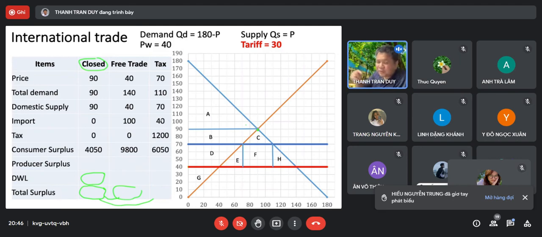So you know what happened to local firms? Anyone tell me what happened to local firms? What have they done? The local firm will do what? They will not produce anymore, and they simply import and sell.